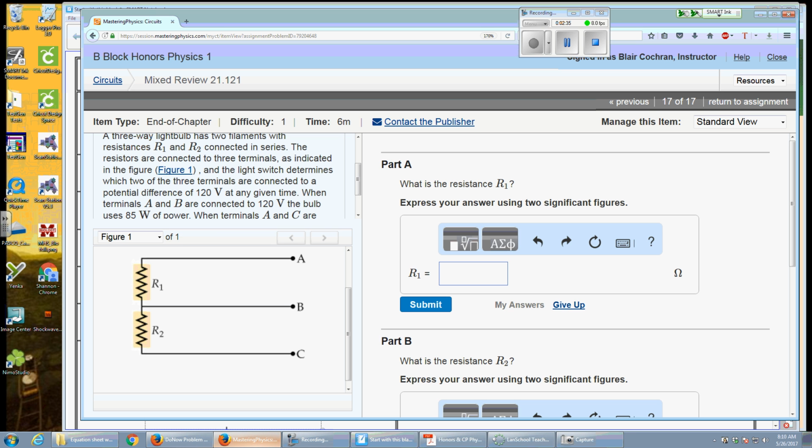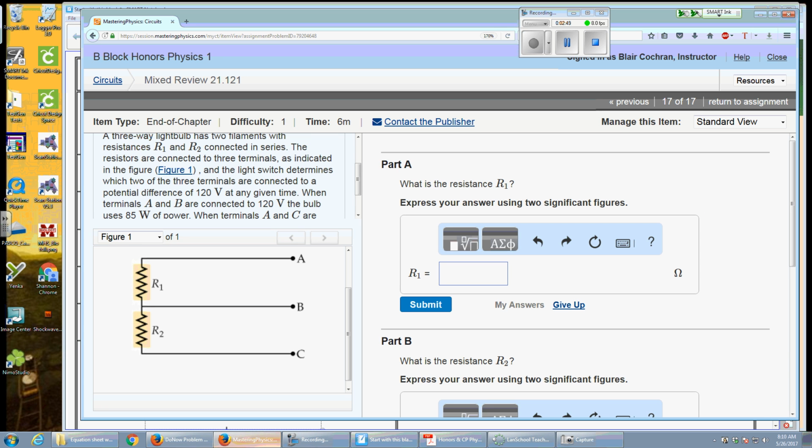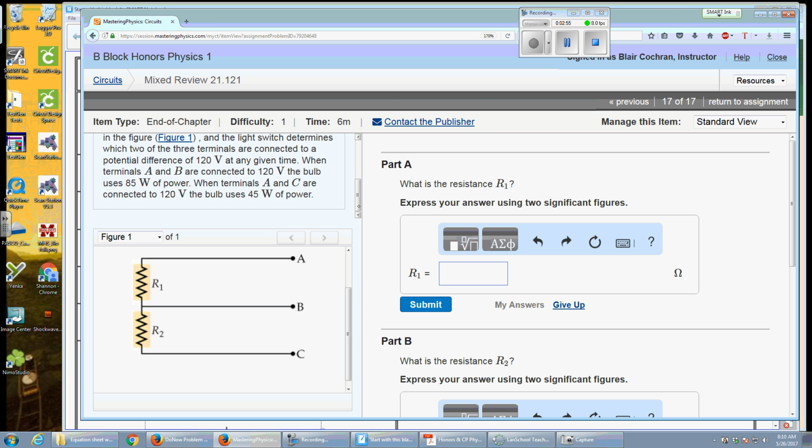So when A and B are connected, it uses 85 watts. So let's see, power AB equals 85 watts. AC, 45 watts.